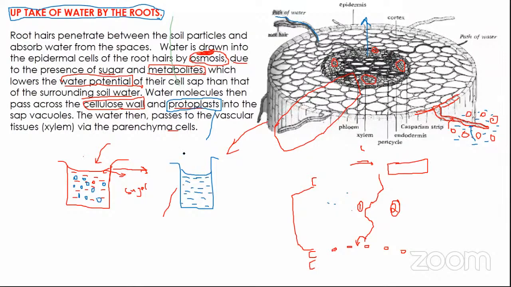So a pure solution has a high water potential, but a concentrated solution has a low water potential. Normally in the root hair cell, because the root hairs are the ones that take up water, the root hairs are going to contain sugars, which are synthesized in the leaves and stored there.